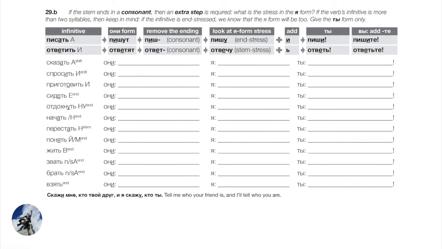Let's start with сказать. Let's be a bit more careful with these. Они скажут. The а verbs are getting the mutations everywhere. We drop the ут, we're left with the consonant ж. So we've got to think about the extra step: where's the stress on the я form? If we look at сказать, we see that the infinitive is end-stressed, so that's going to imply скажу.